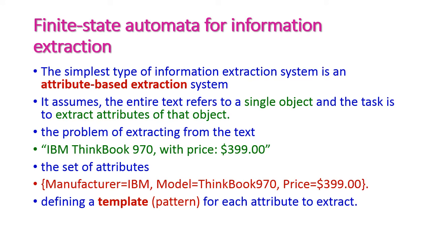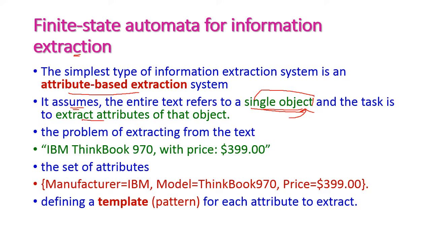Finite state automata for information extraction. Before this, let us try to understand the attribute based extraction, because this is the simplest one. This attribute based extraction assumes the entire text refers to a single object, and the extraction means it will extract the attributes of the object.